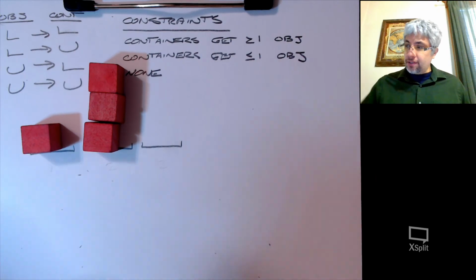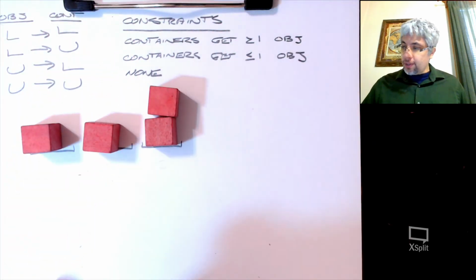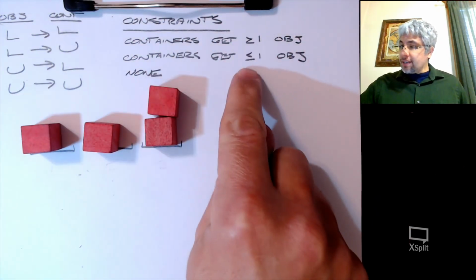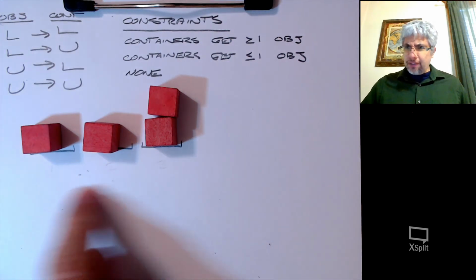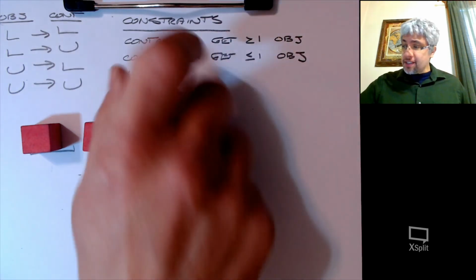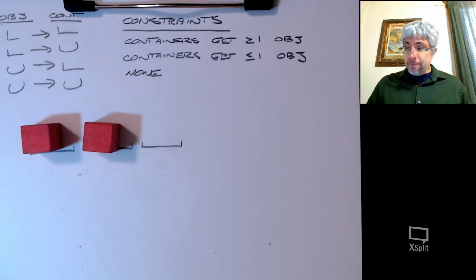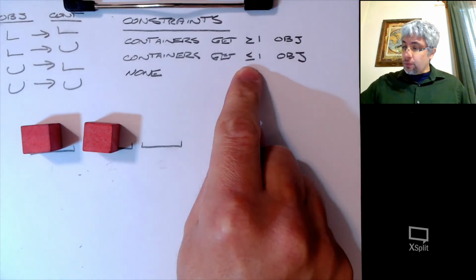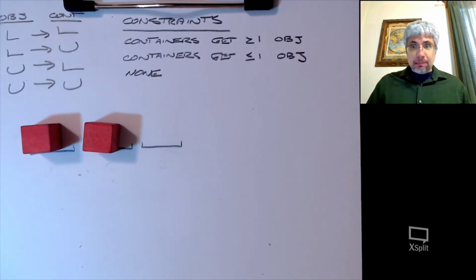No empty containers for that first one, for that greater than 1. If I say containers get at most 1 object, this is going to have no solution here because I have too many objects. But if I had that, not a lot going on there. And also no constraints, which is what we were doing before.